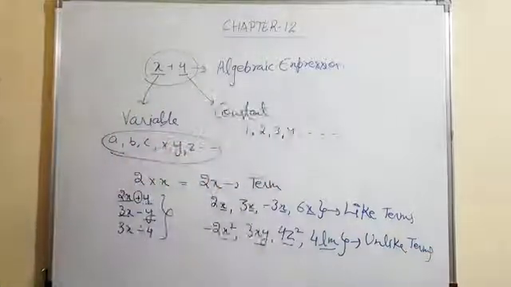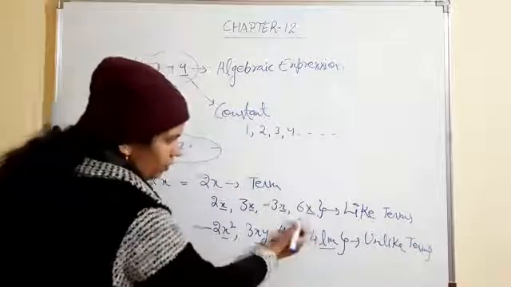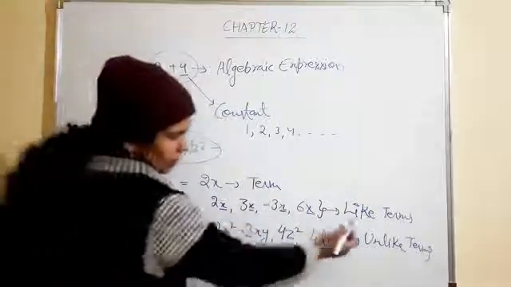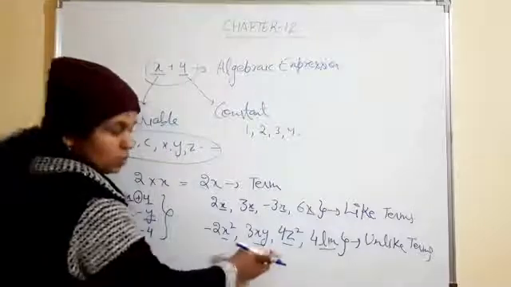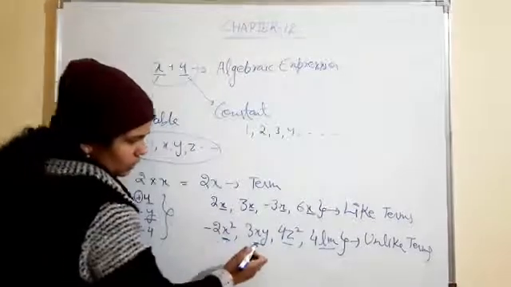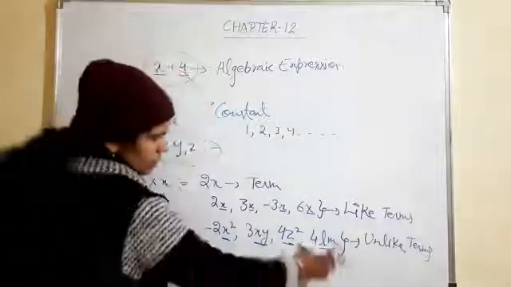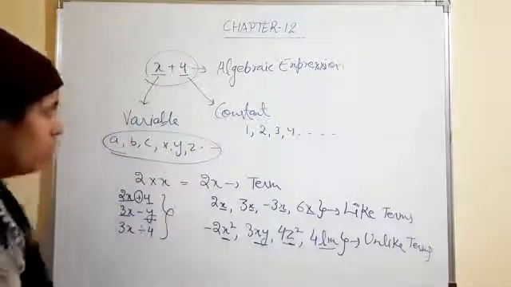To understand like and unlike terms: when the variable is the same in the terms, it shows like terms, and when the variable is not the same, you are seeing here x square, here x and y, z square and ln, these are examples of unlike terms.